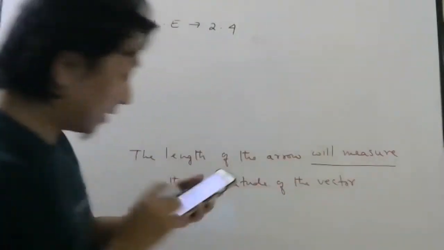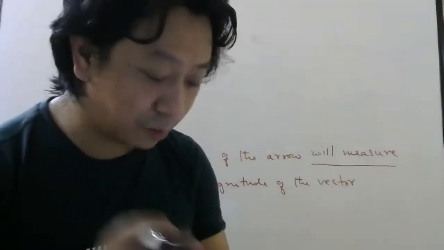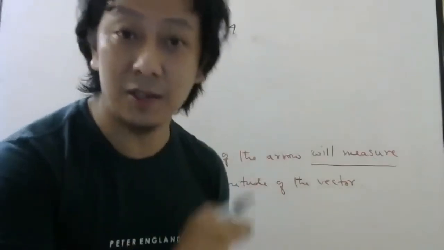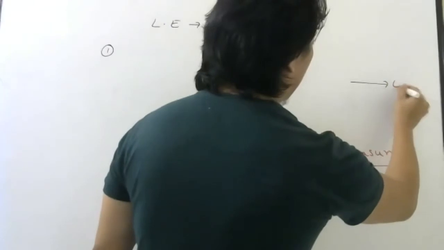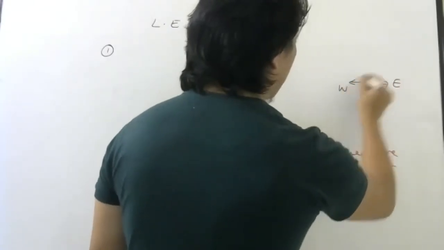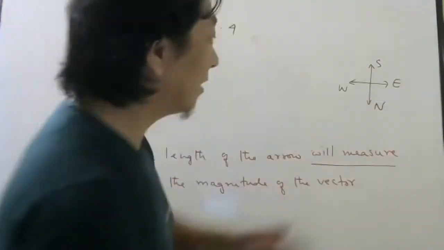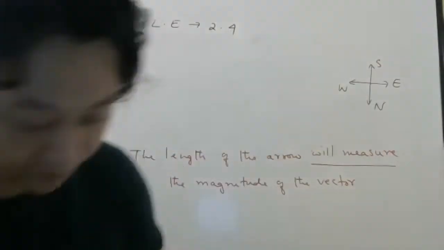Whatever diagram I make is called a vector diagram. Since they are saying the first car is moving towards east, the second car towards north, we need to first decide where is east and where is north. So usually the way we do it, we write here east, west, north, south. This is the direction we will choose. Keep this in mind and then we will draw the diagram.